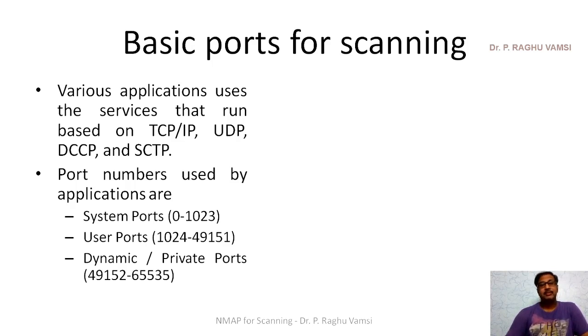However, the majority of application layer protocols, like user applications or web applications and many other applications, will be bound to the user ports or system ports. So our target is mainly based on the system or user ports.